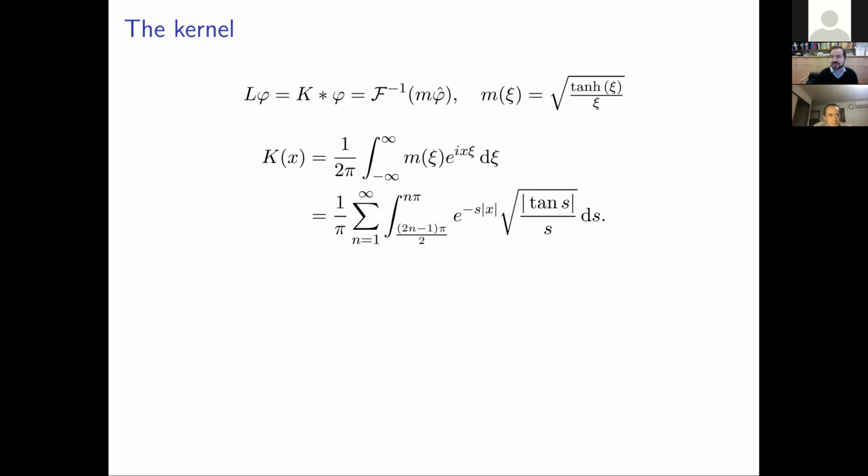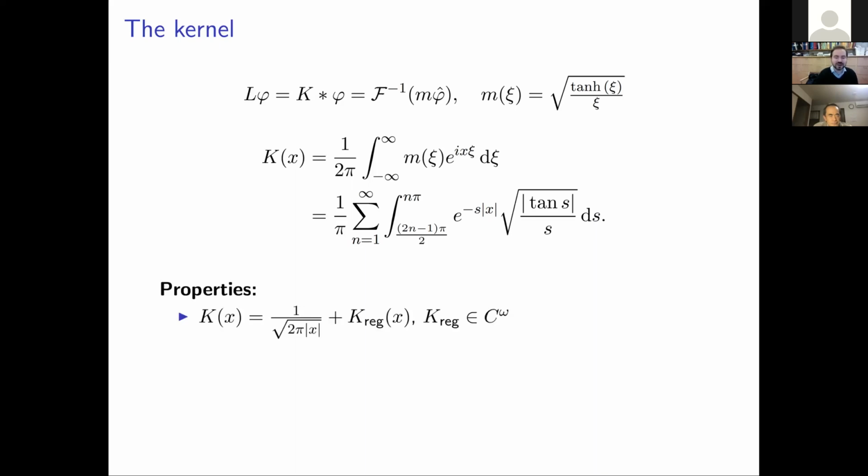We have the same sort of behavior that Mats mentioned for the capillary Whitham equation in the case where you have very strong surface tension, so that this is completely monotone. And if you just look at the first contribution in this series, from n equals 1, you can see that you have exponential decay in x.